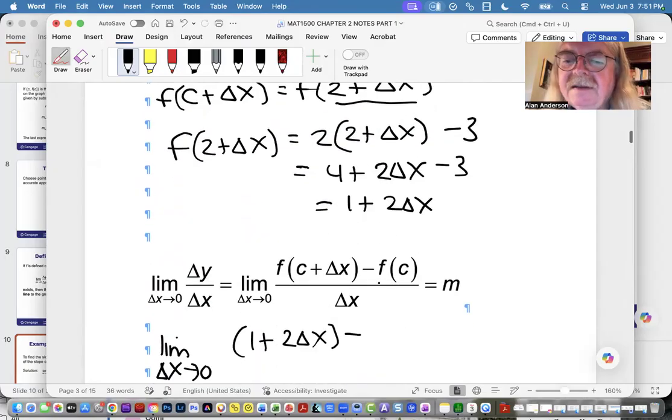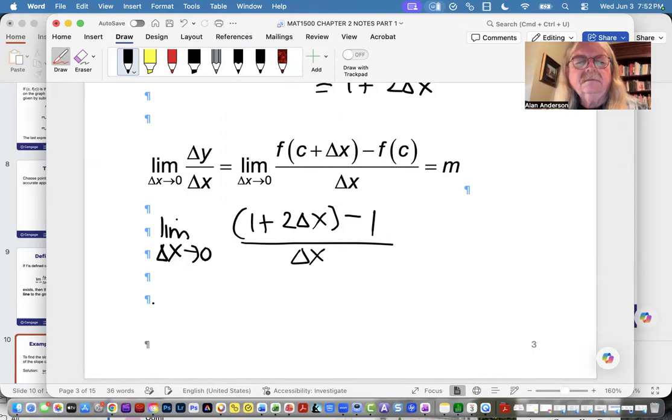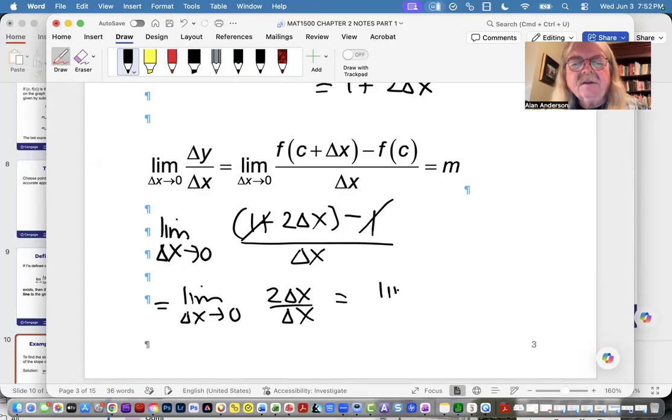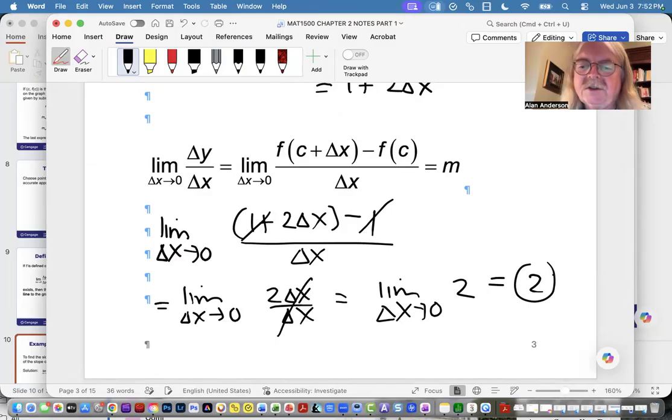We've already shown that. Now these ones drop out. We're left with 2 delta x over delta x. And so we're taking the limit now of a constant, and we've already seen that the limit of a constant simply equals the constant. So the correct answer is 2.